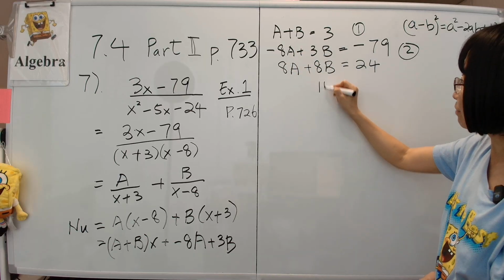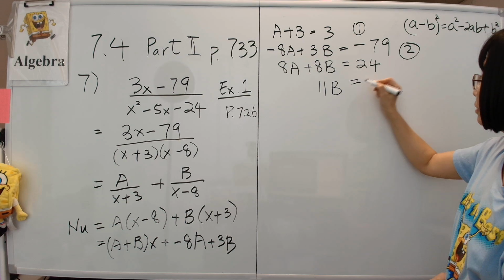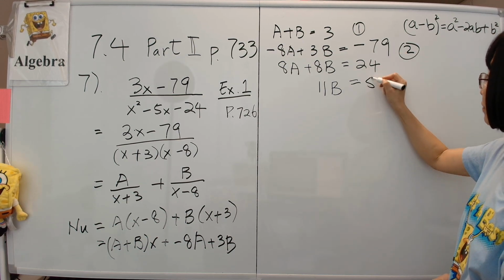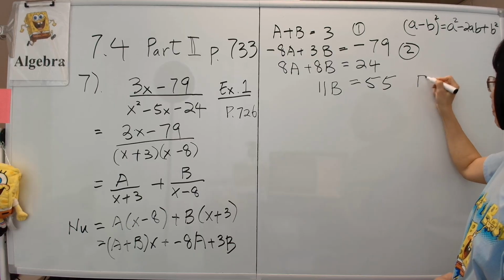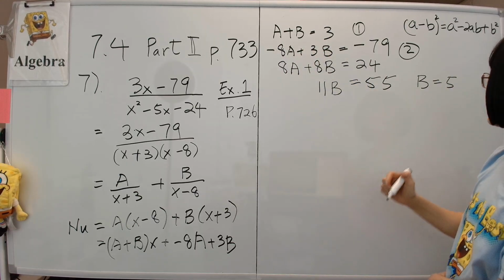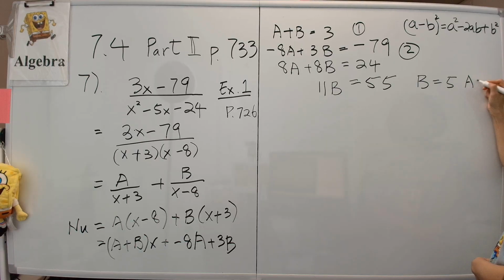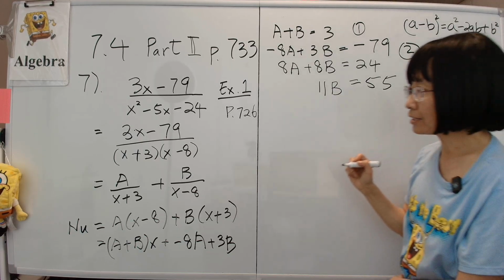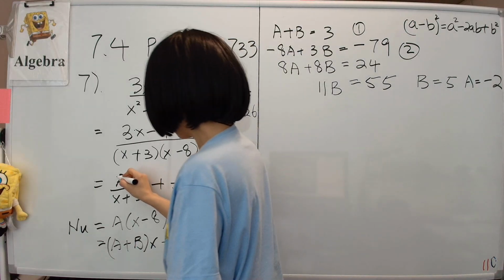This becomes 11b equals 55, which gives us b equal to 5. Since a plus b equals 3, that means a had better be minus 2. All right, that should be our answer.